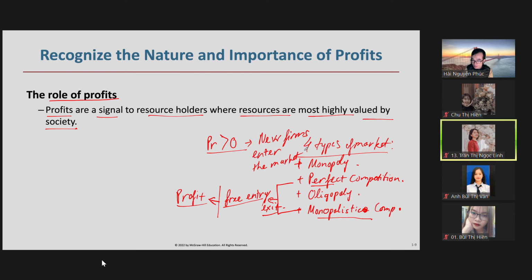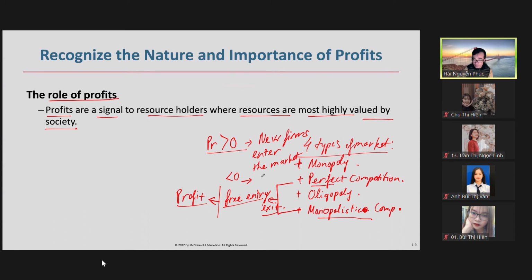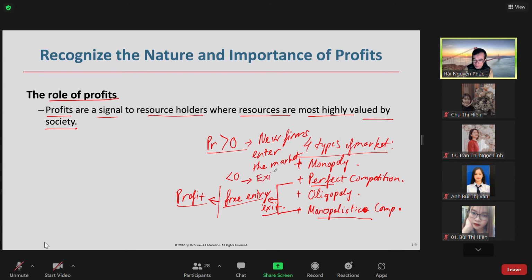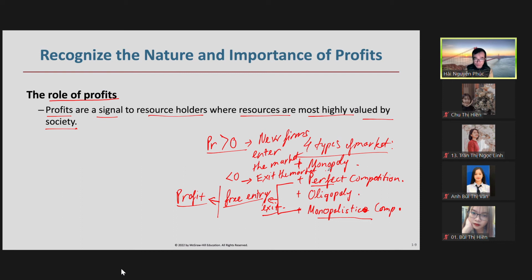In the opposite case, if the profit is negative, some firms will have to exit the market. So that's why people say profit is the signal for the resource holder. In this case, they are the firms.